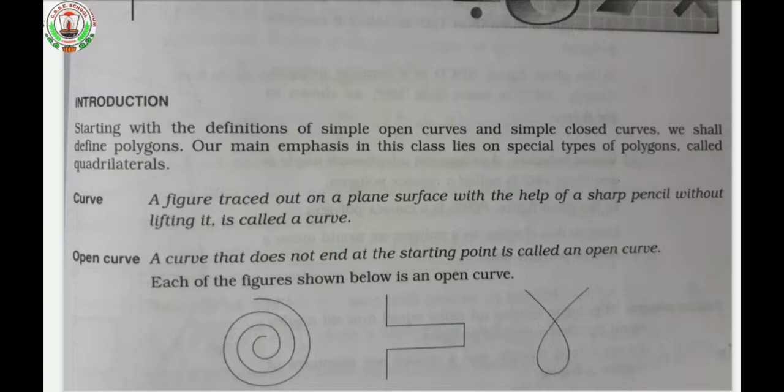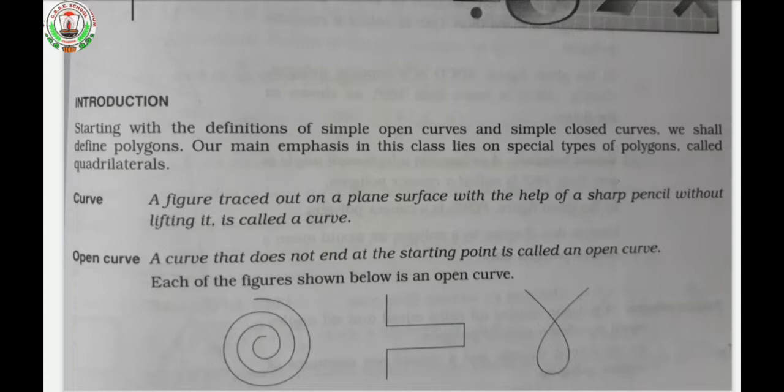A curve is formed, that means whatever shape is formed by moving our pen or pencil with a free path, such kind of figure is said to be a curve.